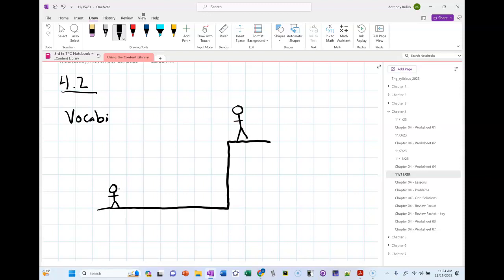And let's say each of these people are just looking straight ahead to start. So it's like their line of sight. Now let's say the person on the bottom looks up at the person at the top. This angle formed here, we call this an angle of elevation.